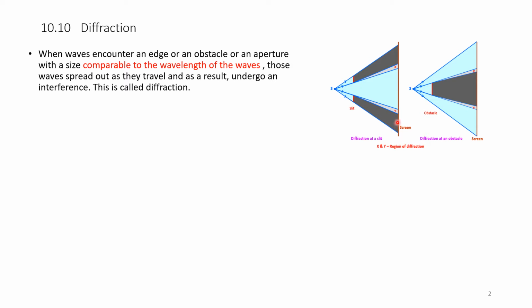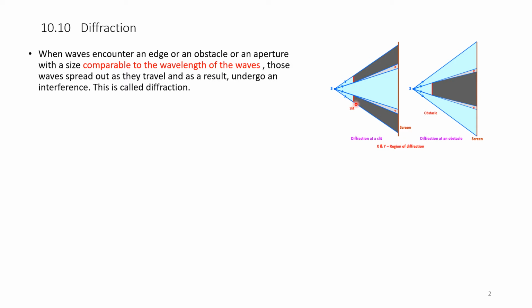In between the two there is a region XY in gray color. This is called the region of diffraction. This is happening due to diffraction at the corners of the slit.